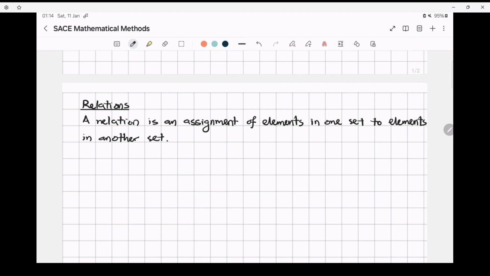There are four types of relations. The first one is the one-to-one relation.